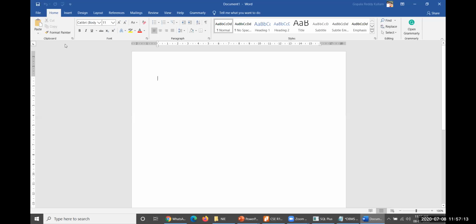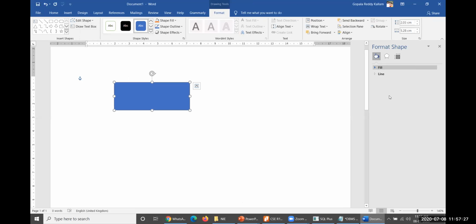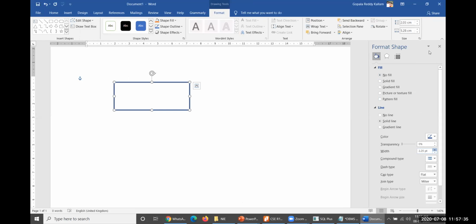Let me introduce this one. So your strong entity can be represented something like this. In this way, you have to represent it in our database entity relationship diagrams. It has a solid line, and it will be only a single line.